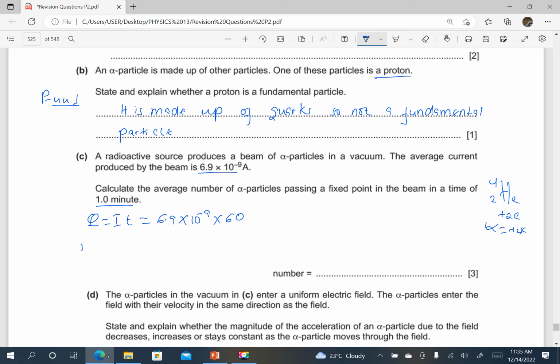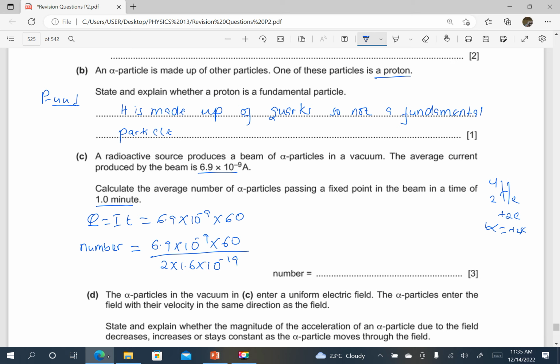So the number of alpha particles is therefore going to be the charge, which is 6.9 times 10 power negative 9 times 60, divided by the charge of each alpha particle, which is twice e, which is 2 times 1.6 times 10 power negative 19.